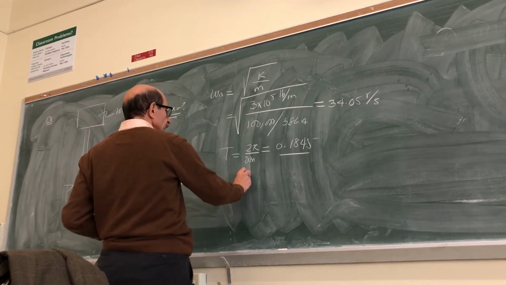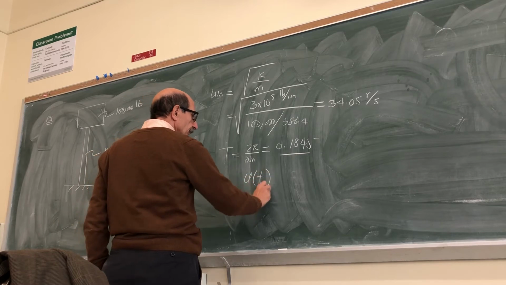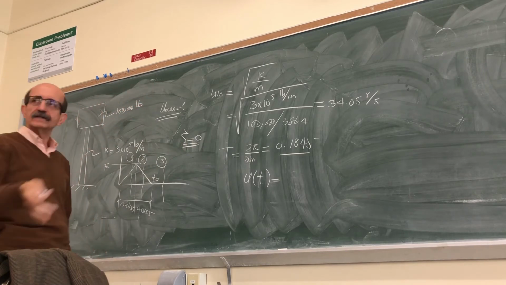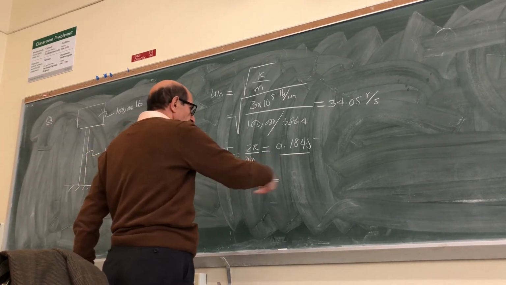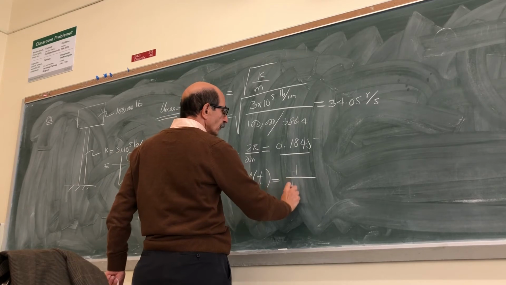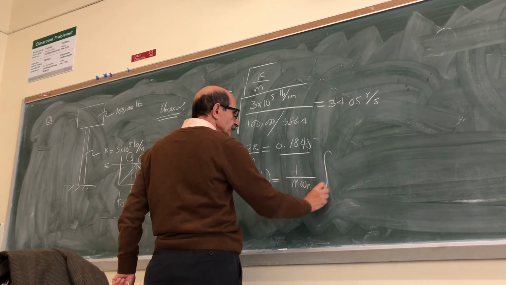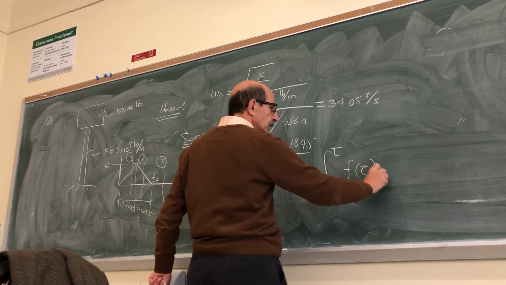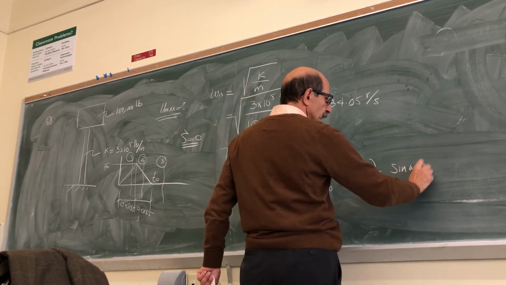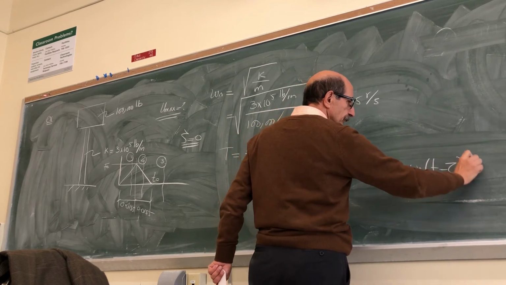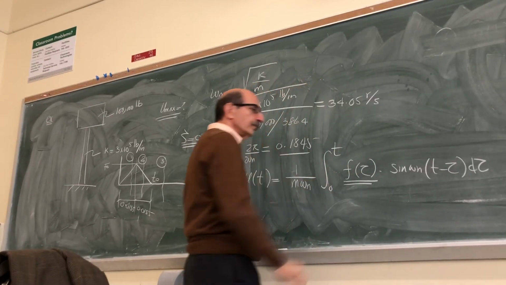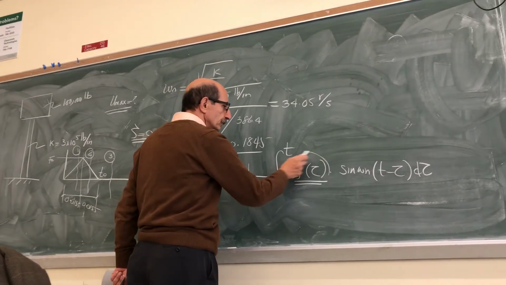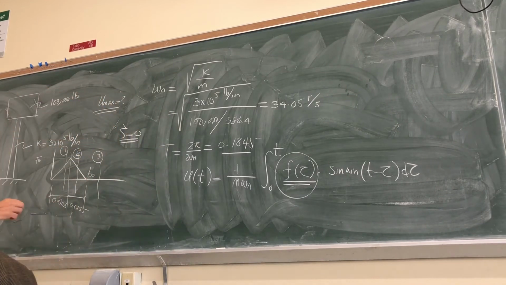Obviously the response, and of course we assume it is undamped, because even the undamped case is difficult enough to do these integrations. We need to evaluate the response using the Duhamel integral, and this is the general form. The important part in evaluating the Duhamel integral is the forcing function, which we need to formulate.